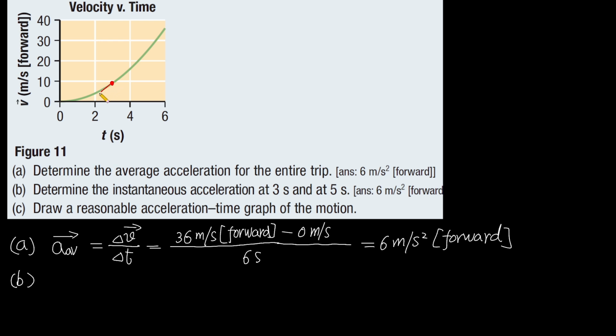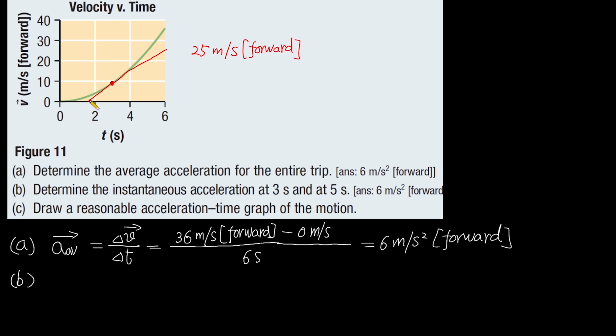It's just like this. And the slope of this line is, here, it's around 25 meters per second forward.